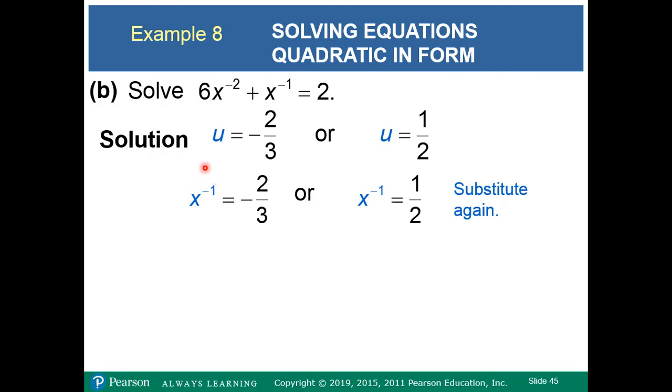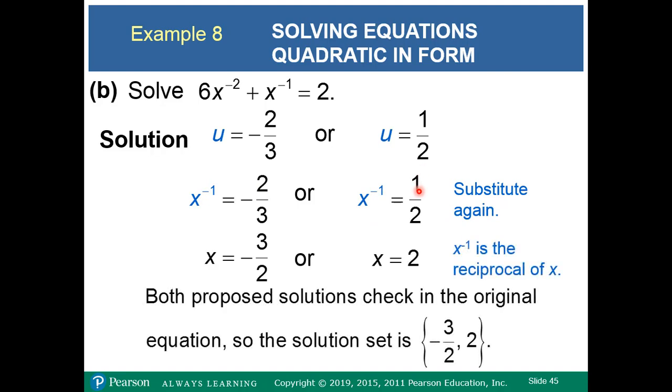So in order to find x, we're going to flip these. So in this case, x is equal to negative 3 halves, or x is equal to positive 2. Okay? And again, make sure you check in the original equation to make sure that they work. And in this case, they do. And this is going to be your solution set.